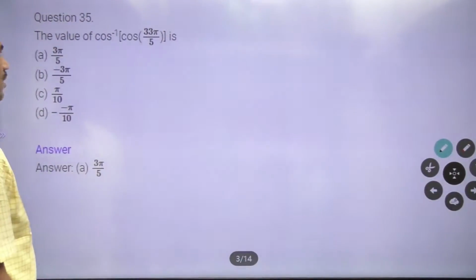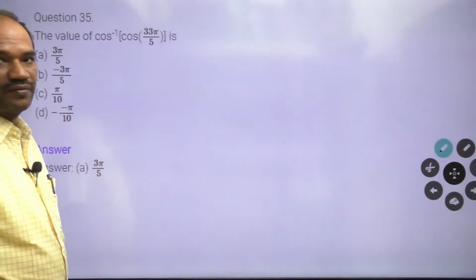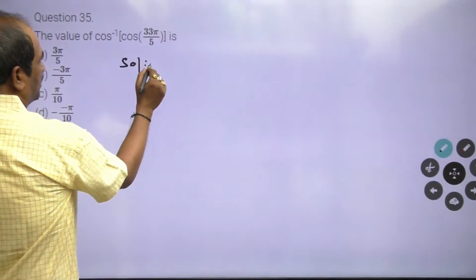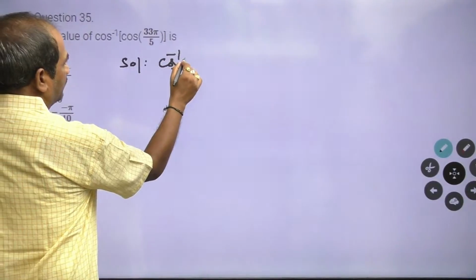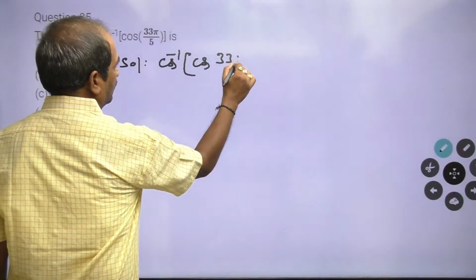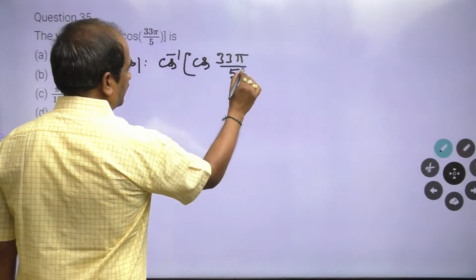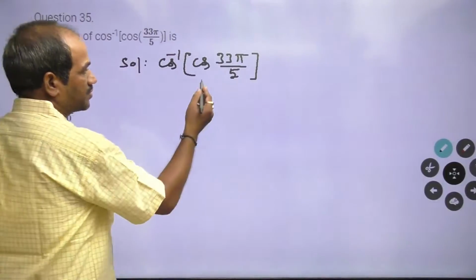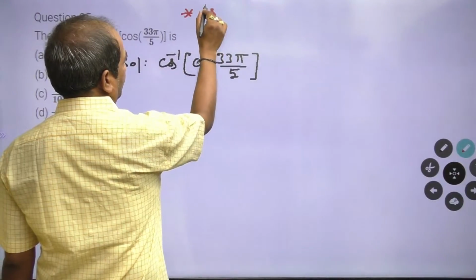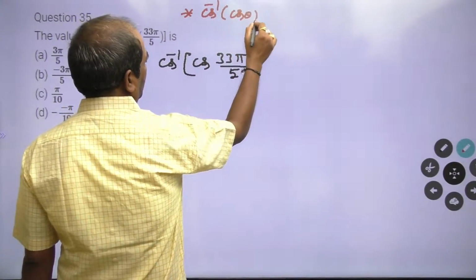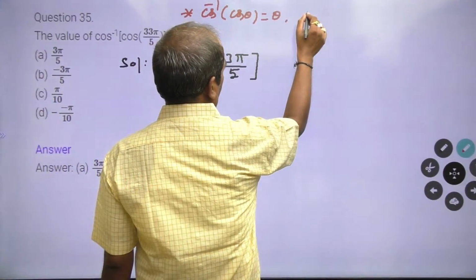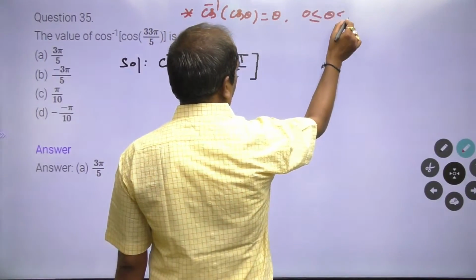In the next question, find the value of cos inverse of cos of 33 pi by 5. In this solution, we use the formula: cos inverse of cos theta is equal to theta, where theta belongs to the closed interval 0 comma pi, that is 0 is less than or equal to theta, less than or equal to pi.